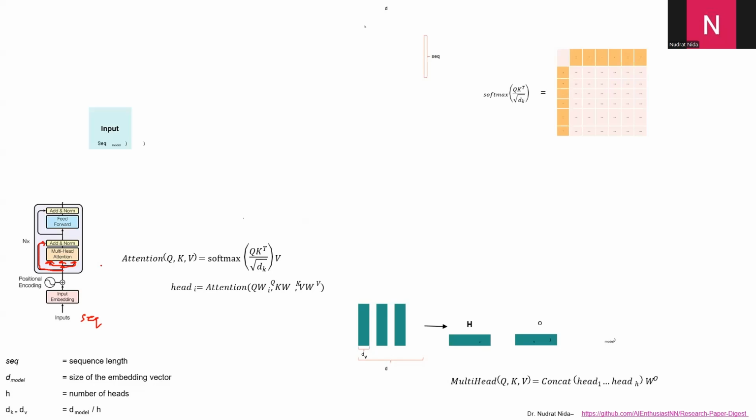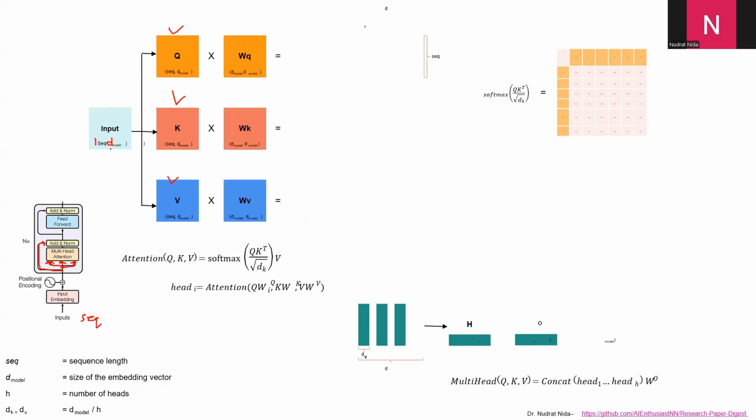So next, we have an input sequence of sequence length by D model, and we replicate this input into query, key, and value, which have the same dimension as our input. So this is sequence by D model.